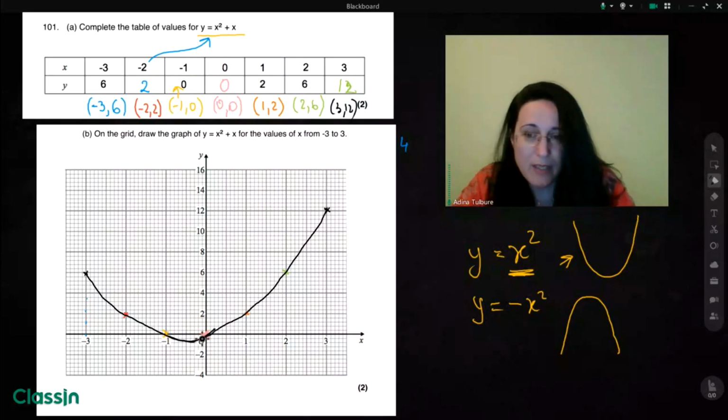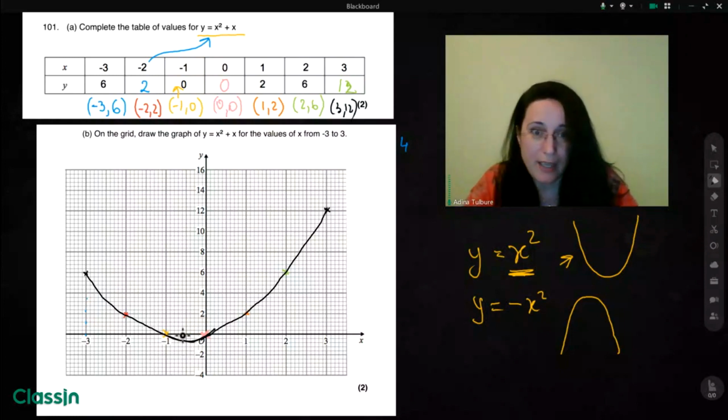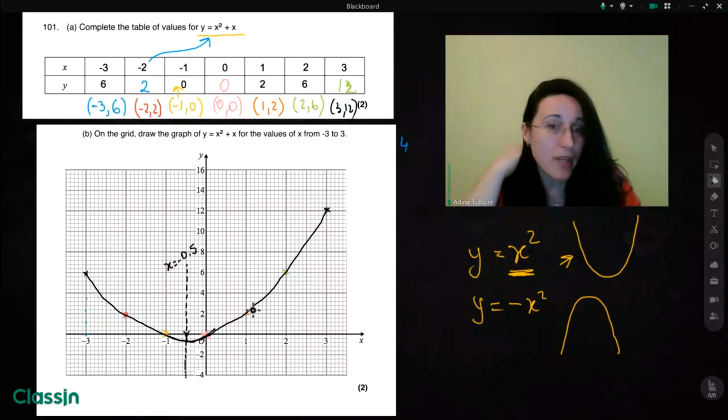In between -1 and 0, our parabola will turn symmetrically. The symmetry line would be this one here. What's the symmetry line? This line has a very nice equation. It's x equals minus 0.5. So this line goes through minus 0.5 all the way down, and it's the line of symmetry for this parabola.